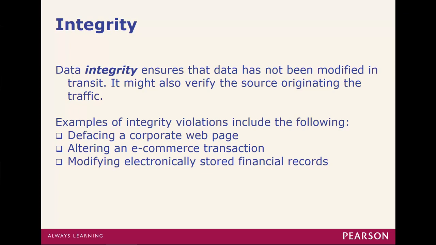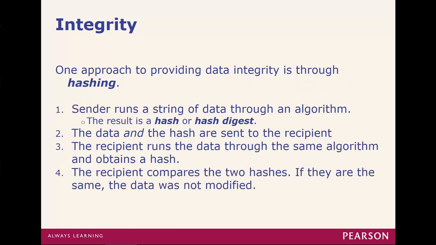Examples of integrity violations may be defacing a corporate web page, altering an e-commerce transaction, modifying electronic stored financial records, manipulating a data packet while it's in transit. I mean, an email, you interject new information or you remove information. All of that would be classified as integrity.